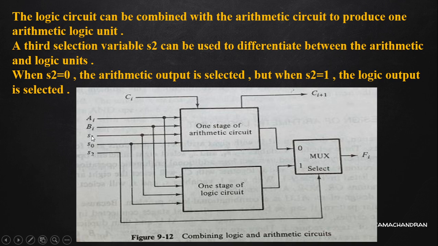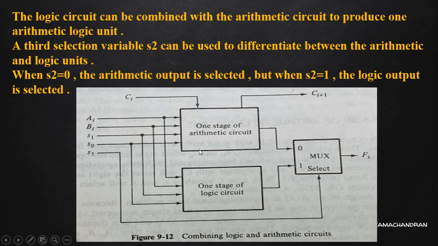S1 and S0 are used for distinguishing four different logic operations in the case of the logic circuit. In the case of the arithmetic circuit, using S0, S1 and Cin, we can distinguish between eight different arithmetic operations.